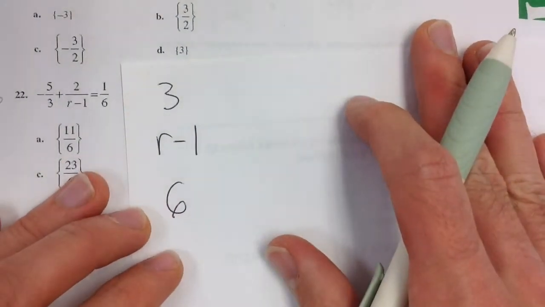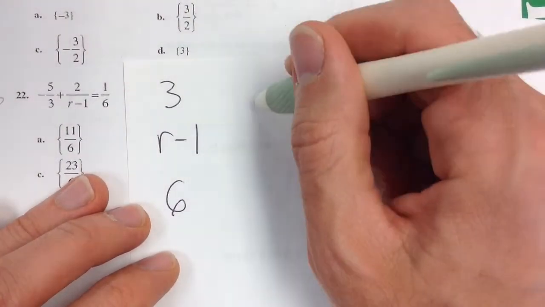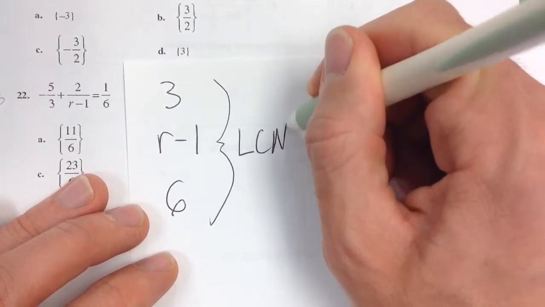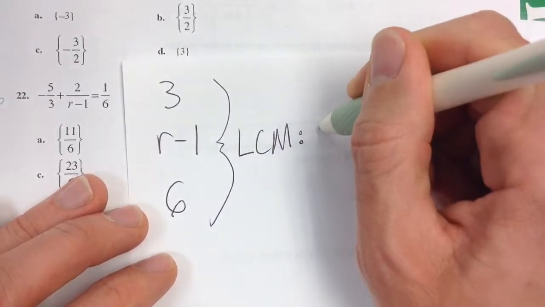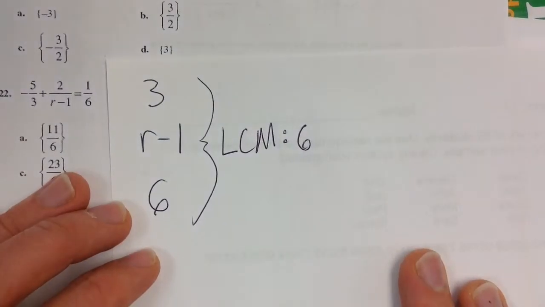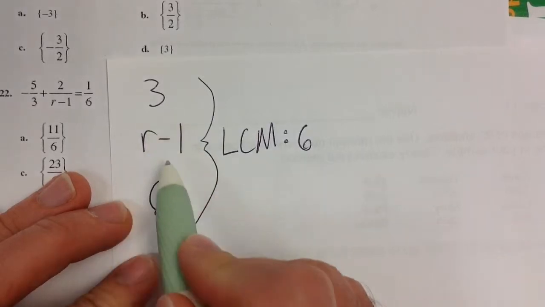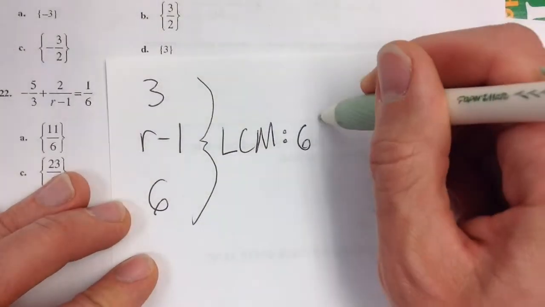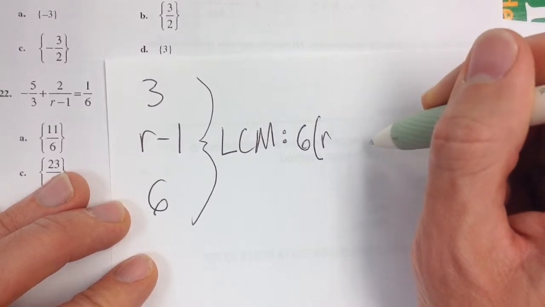Take a guess, or tell me what it is. 6. Good guess, that's part of it. Don't forget about r minus 1. What do you think? 6 times r minus 1. Yep.